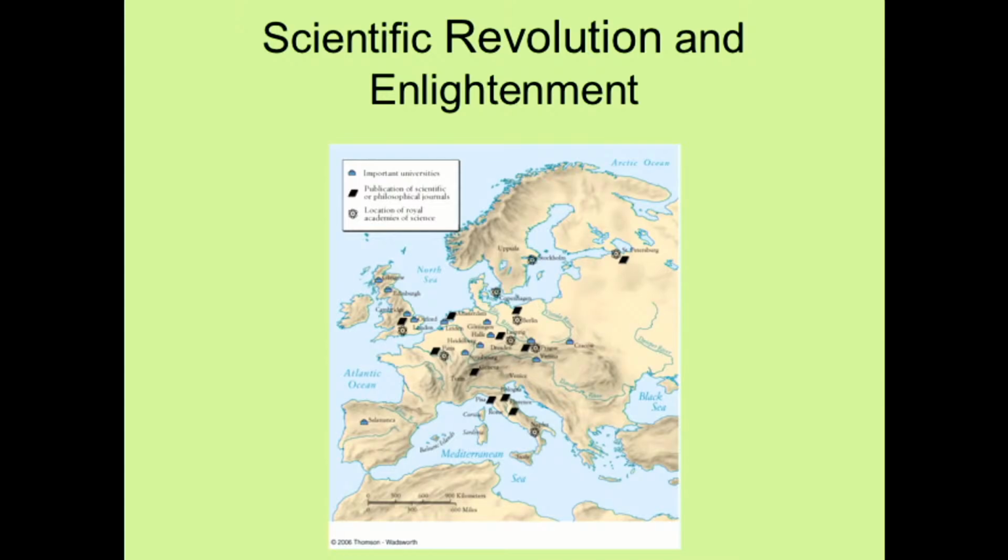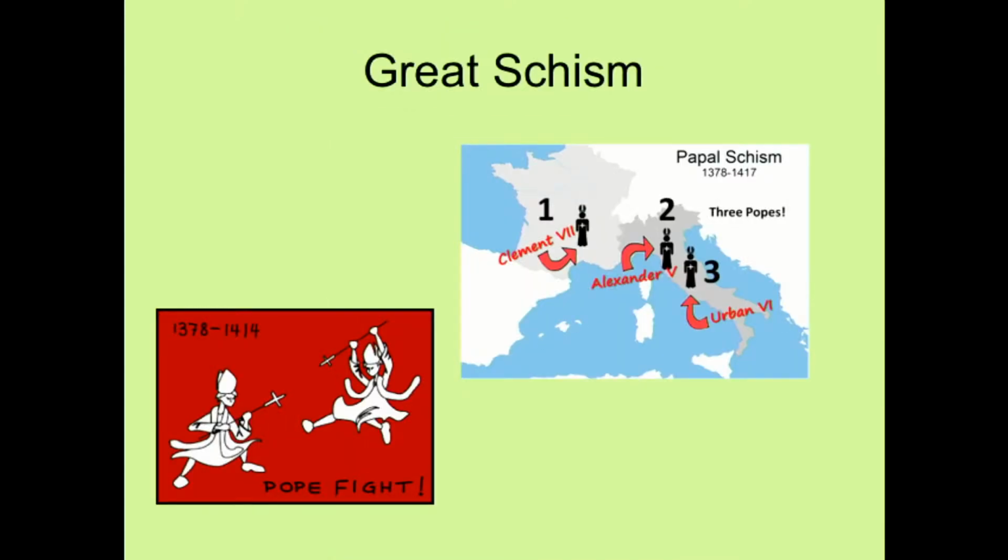I also wanted to draw attention to what I once mentioned briefly when we discussed the Reformation, the Great Schism. Remember, in the world of religion, before the Reformation, there was the Great Schism when Christians argued with each other about who is going to become the Roman Pope.